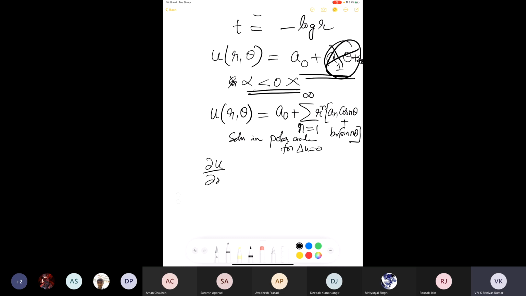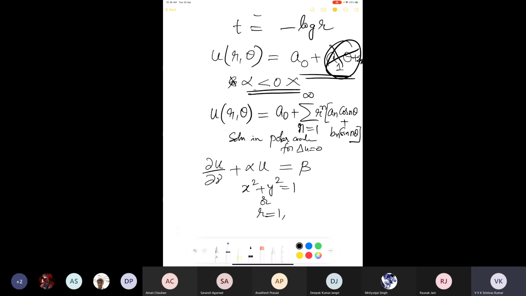Del u plus alpha times u is equal to beta. What is the boundary? The boundary is a circle, x square plus y square is equal to 1. Circle equation means r is equal to 1.